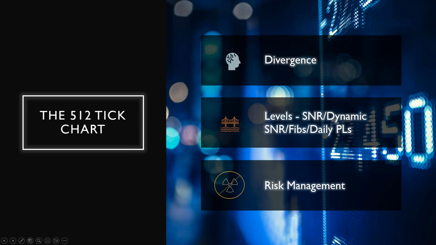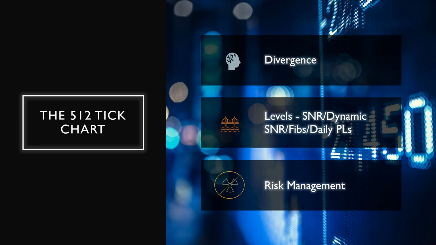So we're going to be focusing in on the 512 tick chart. I know there are a lot of people that say that these type of short time frame tick charts are horrible to work with. You should be ironing things out, moving up to at least a 1 or a 3 minute chart. But for me, what I found, and I've been watching this chart now for probably over 5 years, almost every single day, it's something that I have become accustomed to.